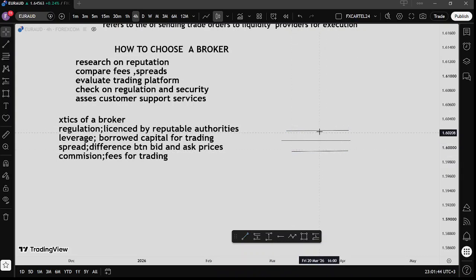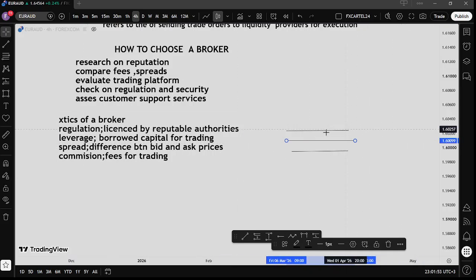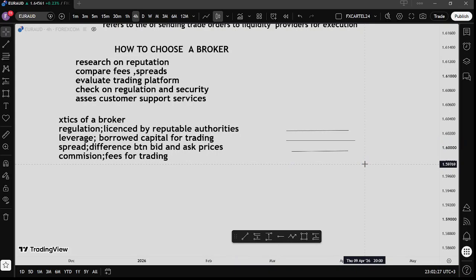This difference between the ask and bid price, they don't charge commission but spread. Your money is engulfed in these spreads. So if you are buying and you put your buy order, the price goes up, and this distance from here to here becomes your fees. Yes, so that's a simple example.